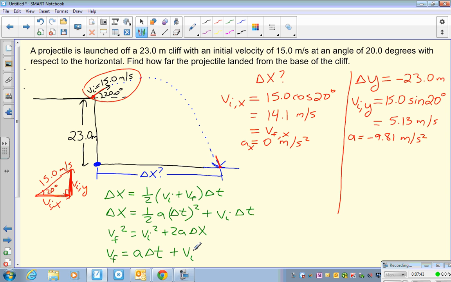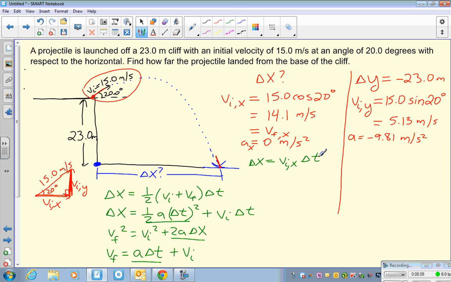So in the x direction, because acceleration is 0, this term, this term, this term disappear. And really the only useful equation that we get, because vi and vf are the same, is that delta x is vi in the x direction times delta t.